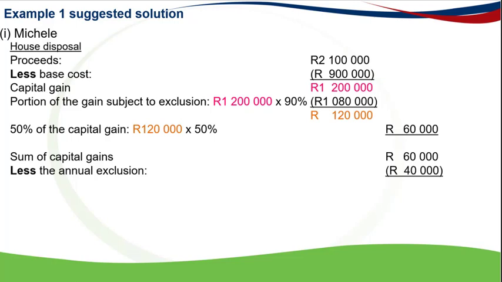Remember, if Michelle had a capital loss, then that capital loss would be reduced by the annual exclusion of 40,000. Since Michelle has a capital gain, then the capital gain of 60,000 will be reduced by 40,000, that is the annual exclusion, to get to the aggregate capital gain of 20,000.